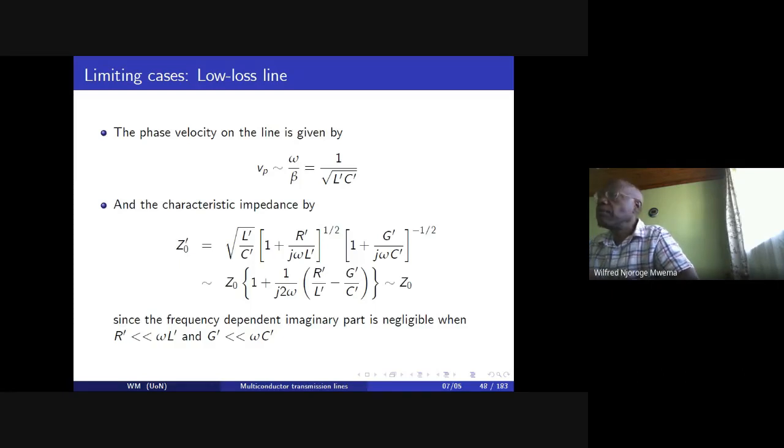Because if you recall from last semester, we defined a dispersive line as one in which the different frequency components in a signal travel at different phase velocities, and therefore they start separating.